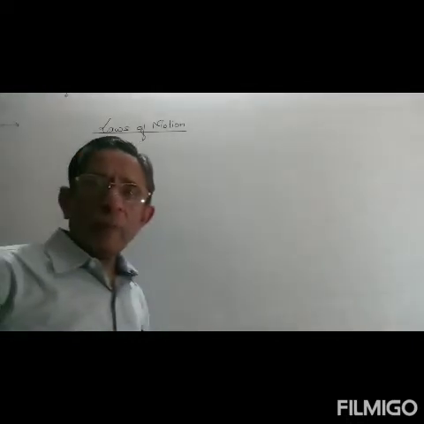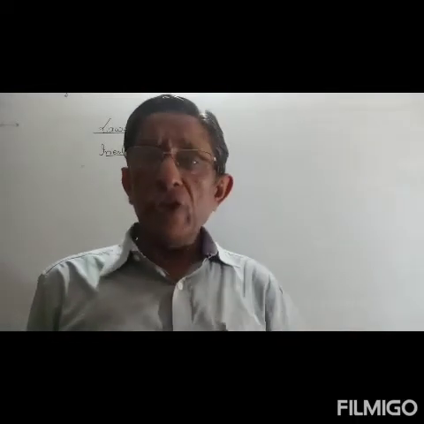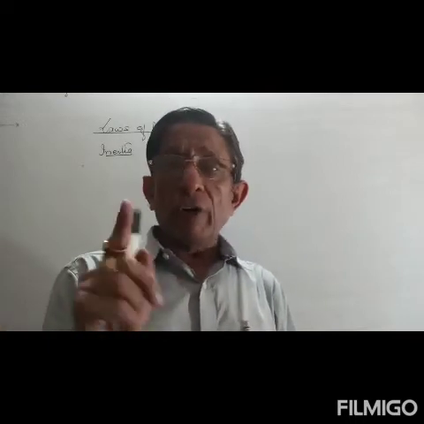So what is inertia? Inertia of a body is the property by virtue of which it opposes any change in its state of motion or rest. Clear to all? What is inertia?